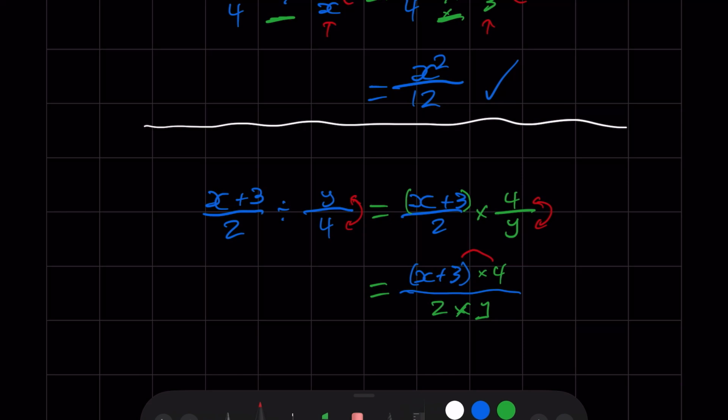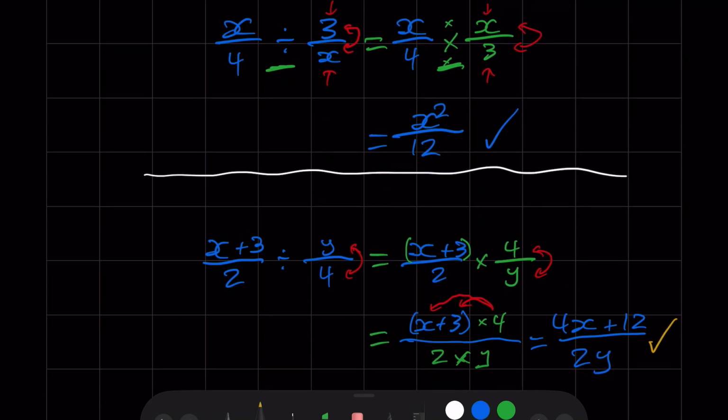Now what we're going to do here is put that 4 into the brackets by multiplying it with each term. And this gives us 4 times x, which is 4x, 4 times 3, which is 12, over 2 times y, which is 2y. And that is our answer.